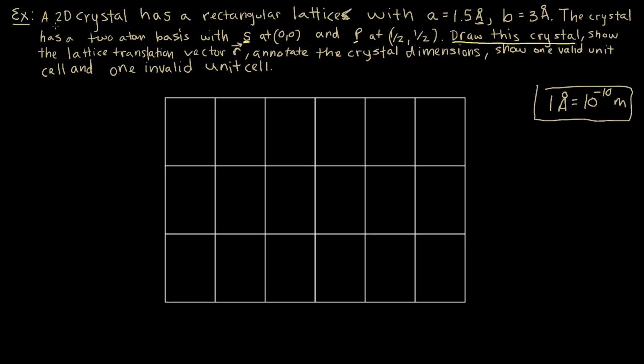This problem asks us to take a 2D crystal with a rectangular lattice having lattice parameters A equal to 1.5 angstrom, B equal to 3 angstrom. Just to remind you, 1 angstrom is 10 to the minus 10 meters. This is a convenient unit for the atomic scale.